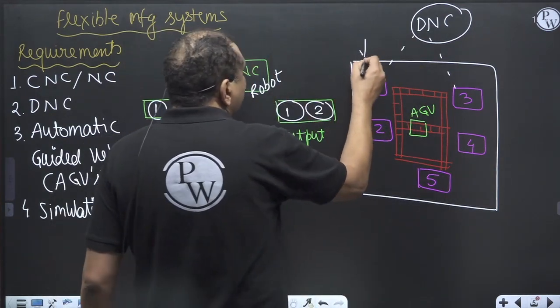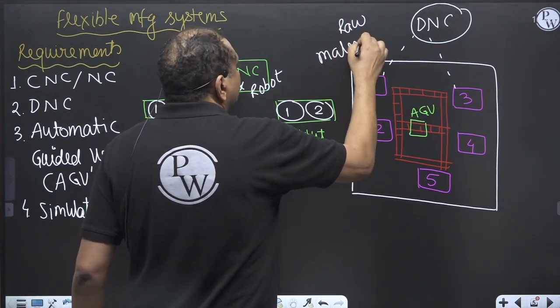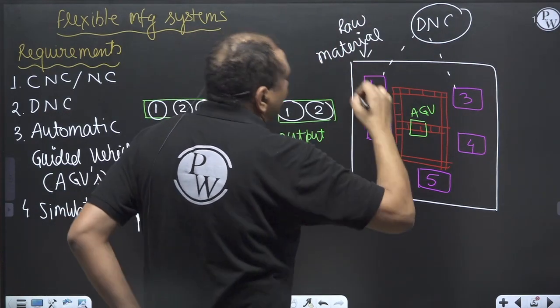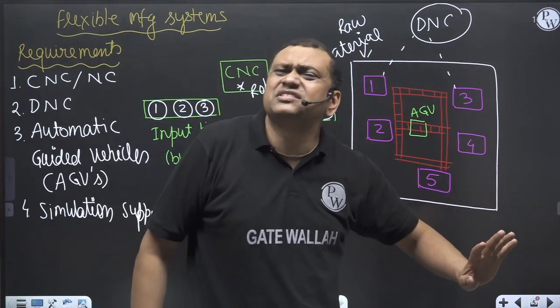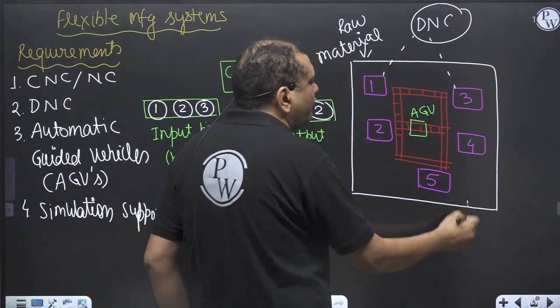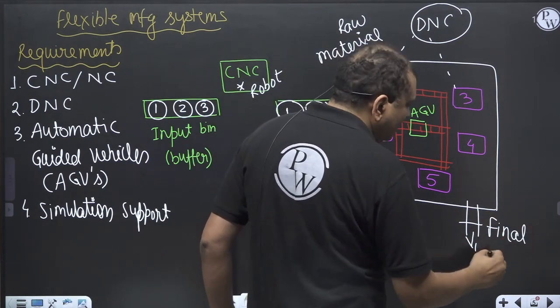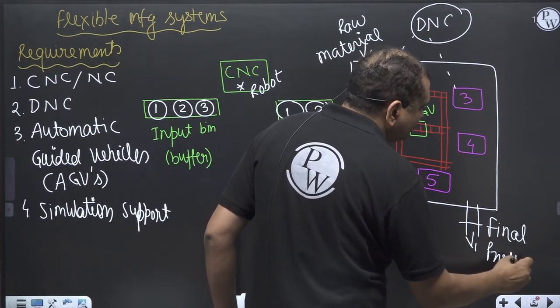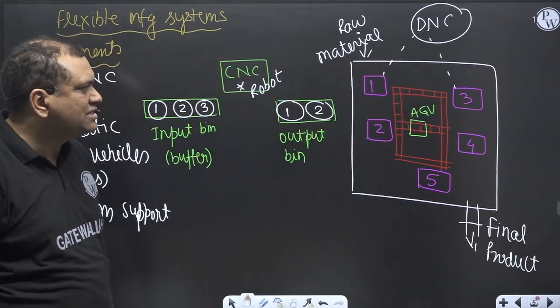Raw material is supplied from this side, varieties of raw material are processed simultaneously, and the final product goes out from this side.